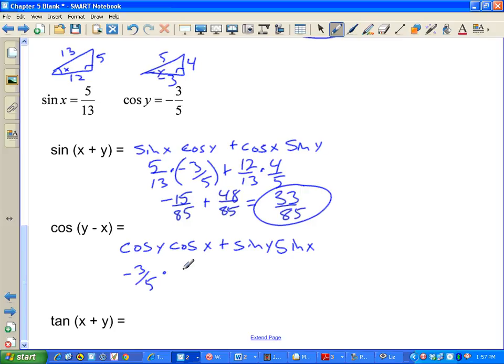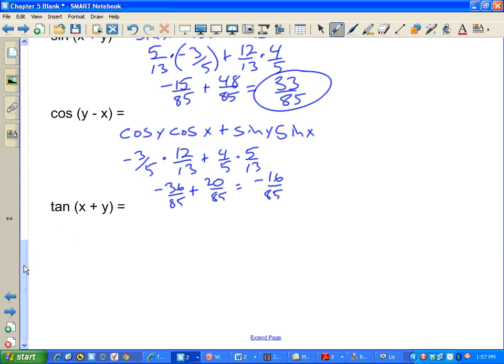Cosine of x is 12/13. Sine of y is 4/5. Sine of x is 5/13. So we get negative 36/65 plus 20/65, which would be negative 16/65.